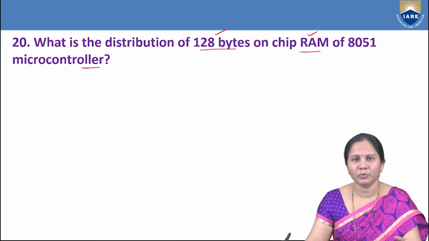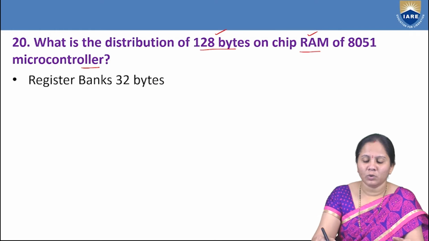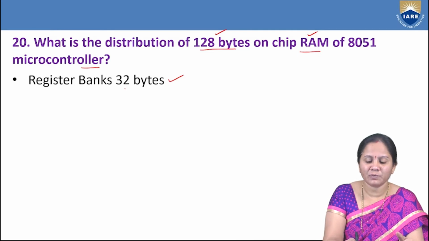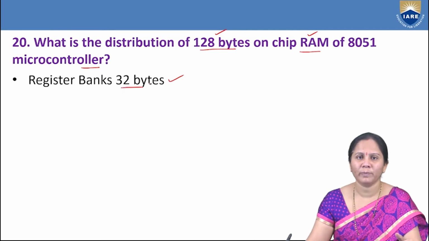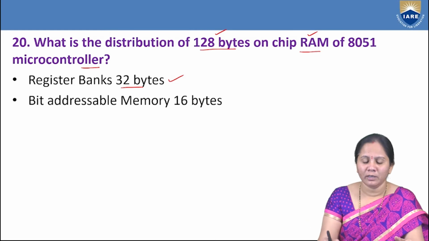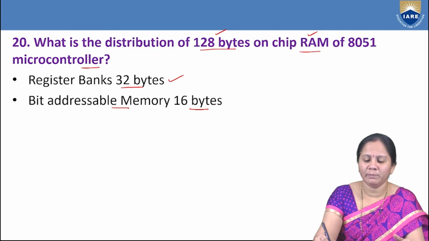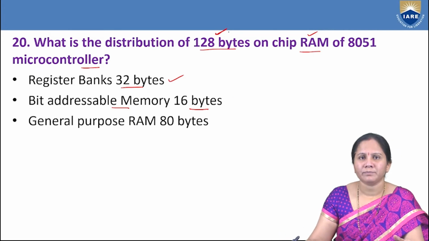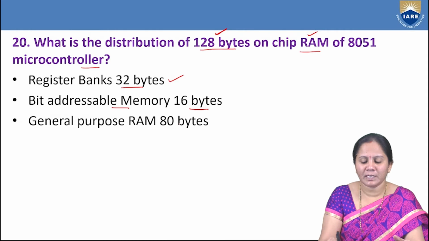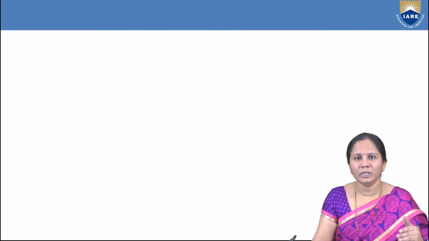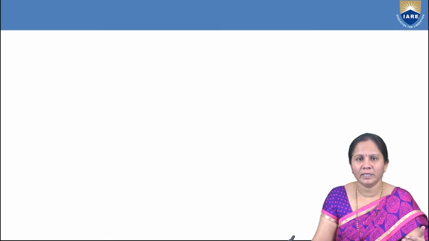How is it distributed? Those 128 bytes are distributed as register banks, for which 32 bytes are given, and for bit addressable memory 16 bytes are given, and for general purpose RAM 80 bytes are given. So totally 128 bytes have been divided like that.